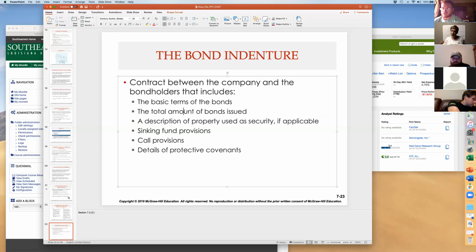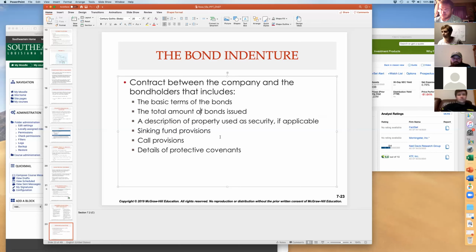All right, so each one of these items will have an impact on risk to the investor. And when they have an impact on risk, that investor is going to want a higher return. So more risk comes with greater return, less risk comes with less return. Each one of these items, which I call bells or whistles, actually has an impact on risk and return.